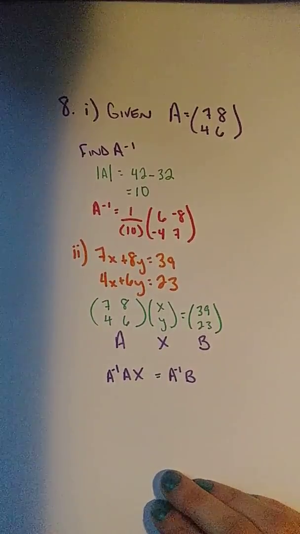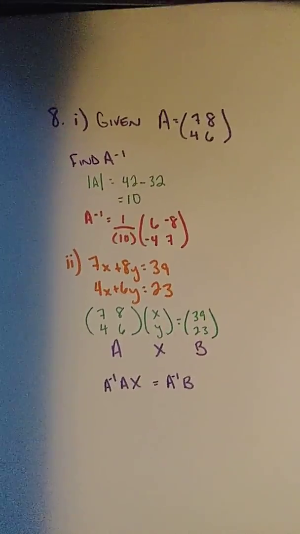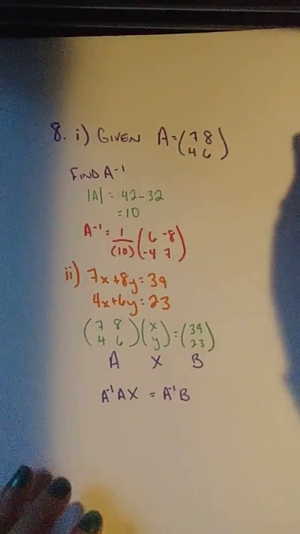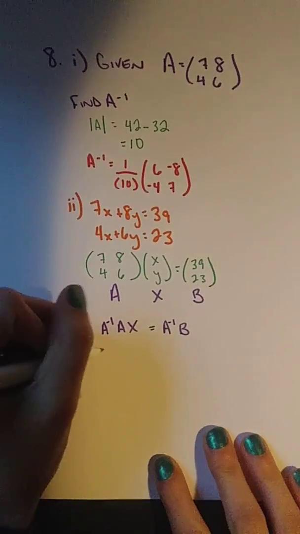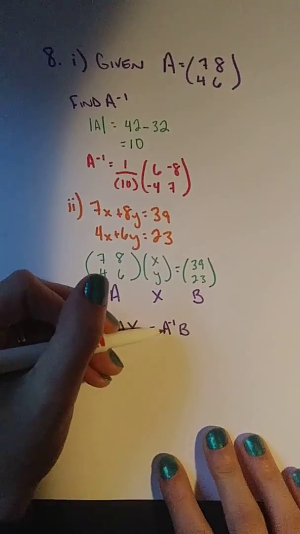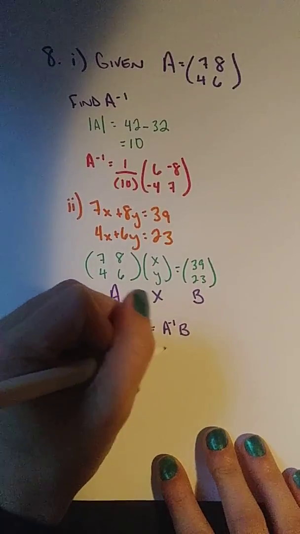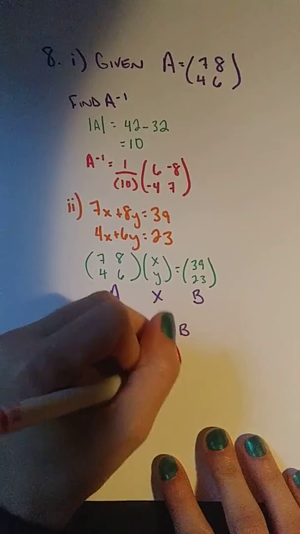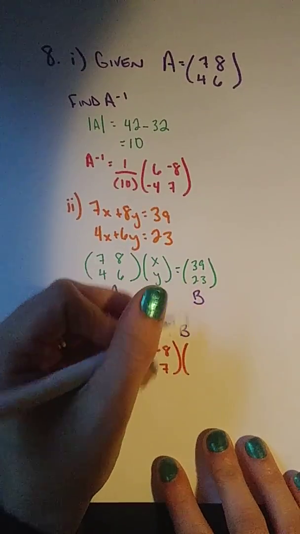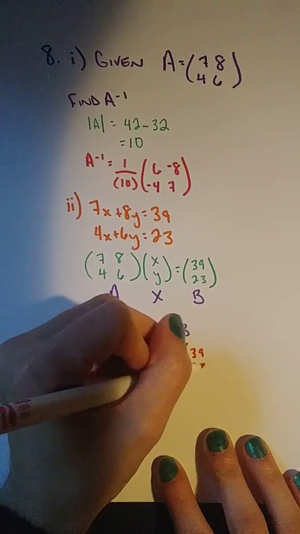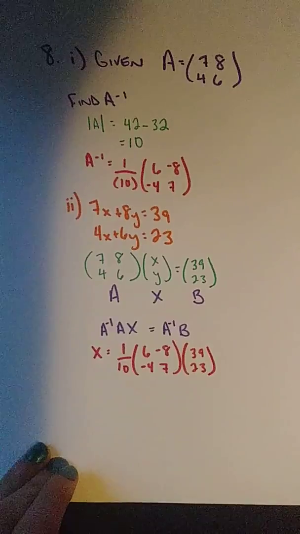So let's go ahead and write that out using our matrices. So matrix X is going to be A inverse, which I already know is up here, 1/10, 6, -8, -4, and 7, times matrix B, which is 39, 23. Not very pretty, but it's there.